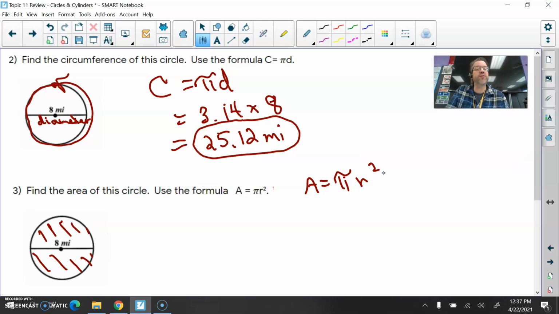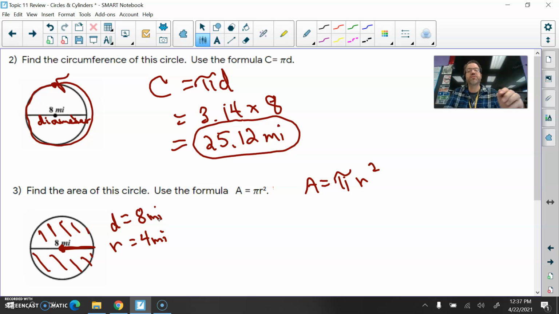So look at this circle. The diameter is 8 miles. We talked about that up here in number 2. If the diameter is 8 miles, what would its radius be? Remember, the radius goes from the center of the circle to the outside of the circle. Well, that's half the diameter. So cut this in half, we have 4 miles for the radius.